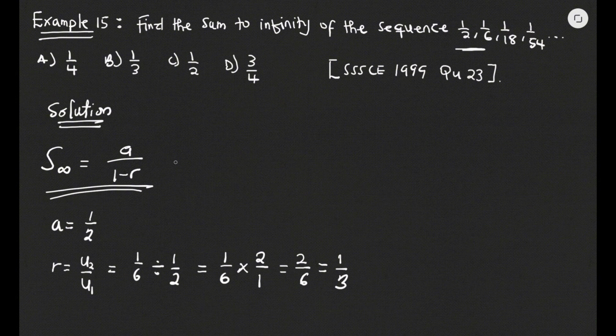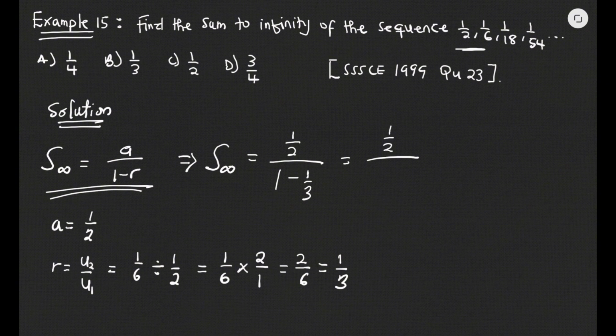So now that we have our ratio, we come back to this formula, and this implies that our sum to infinity is equal to the first term, which is 1 over 2, all over 1 minus 1 over 3. Okay, so we have 1 over 2 at the top.